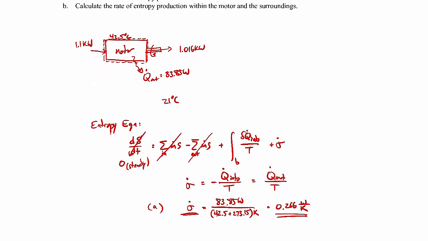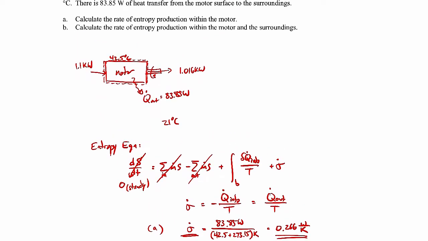Let's now go on to part B. For part B, we want the rate of entropy production within the motor and the surroundings. For this particular case, we'll draw our control volume to be bigger. It'll go all the way out to where the temperature is now 21 degrees Celsius.